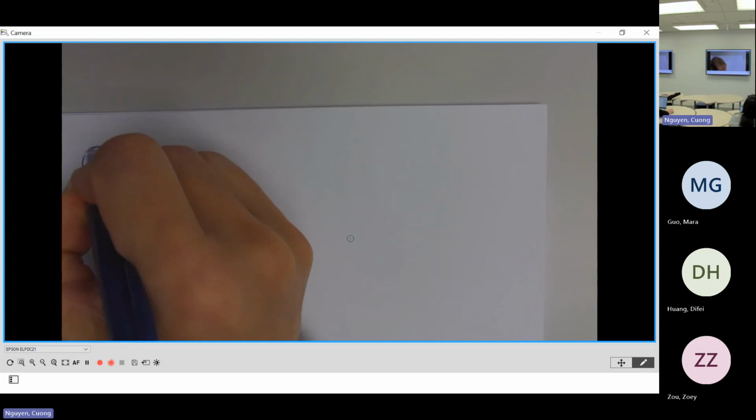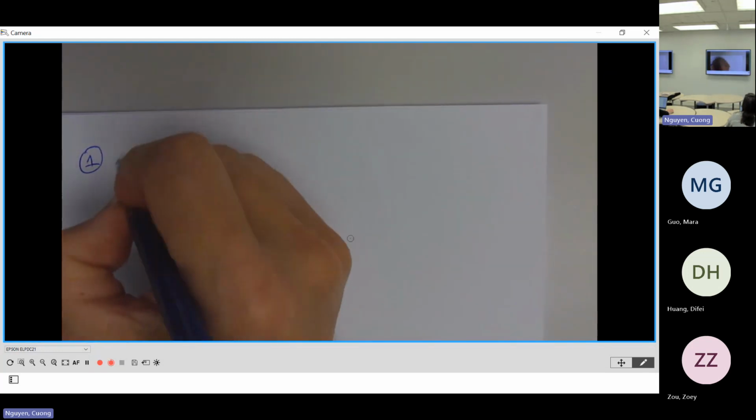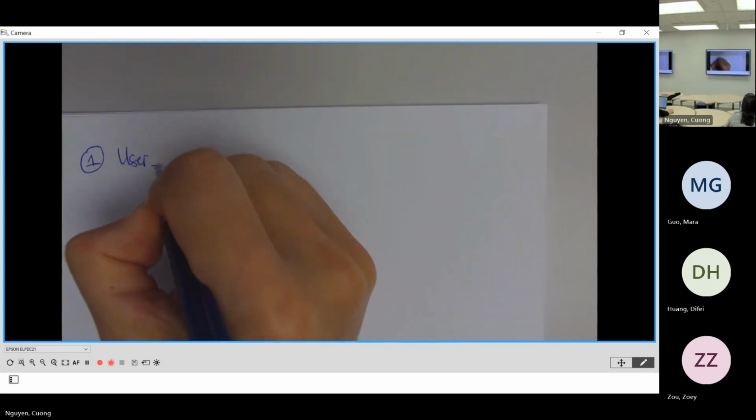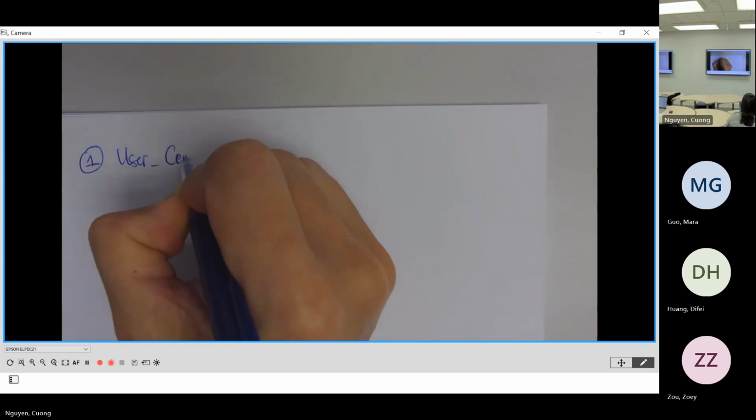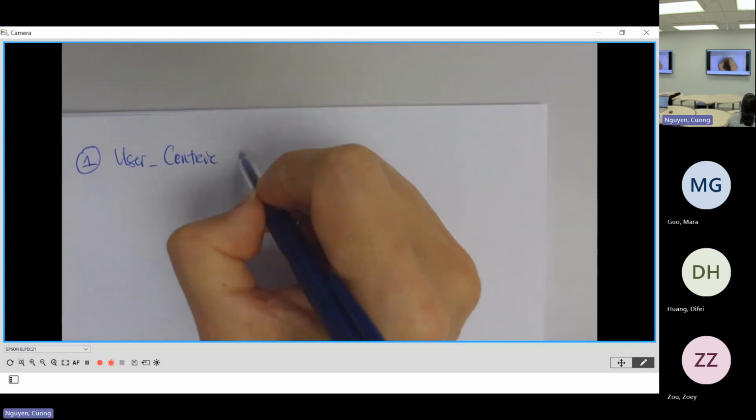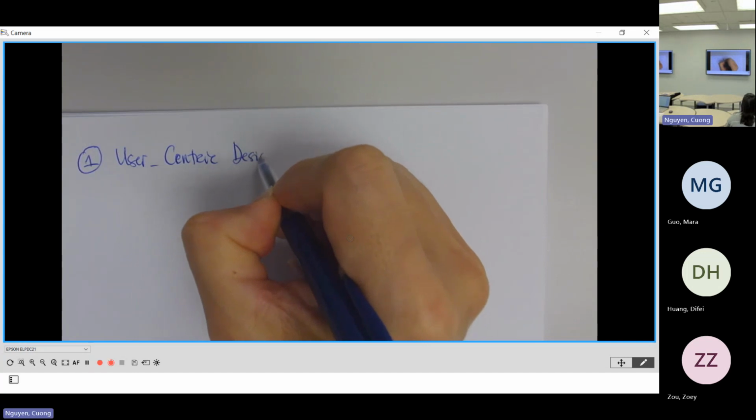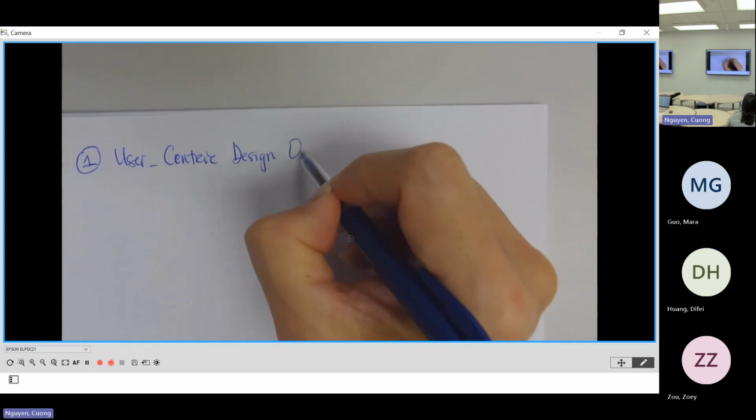I think an example could be helpful. So the first one we want to see is user-centric design optimization.